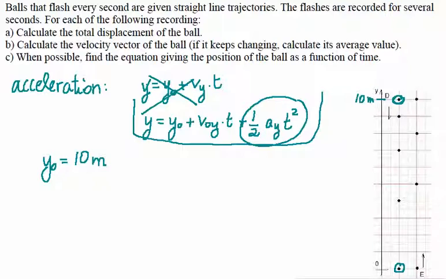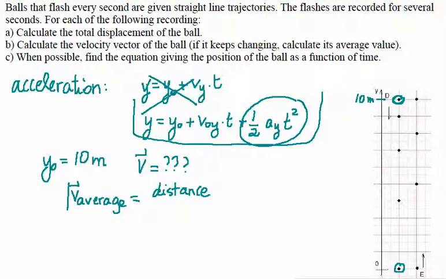I cannot calculate v because it keeps changing. So what can I do? The only thing I could calculate is what we call the average velocity. And to do so, I would use an equation that you used in grade 10 maybe.